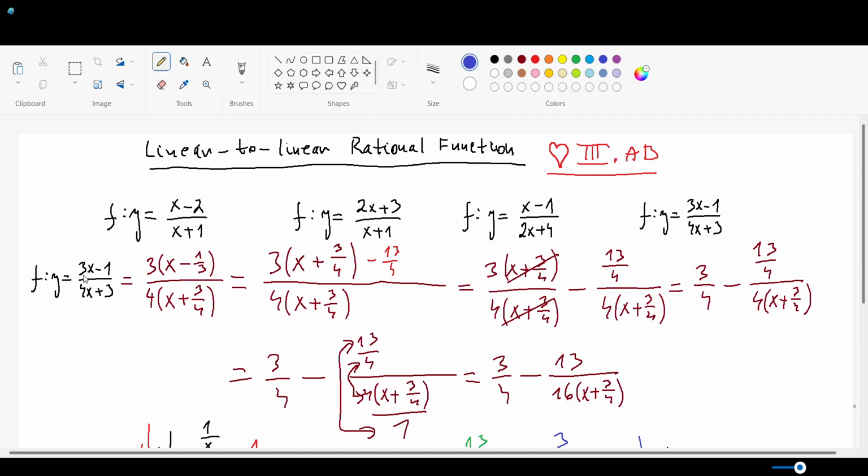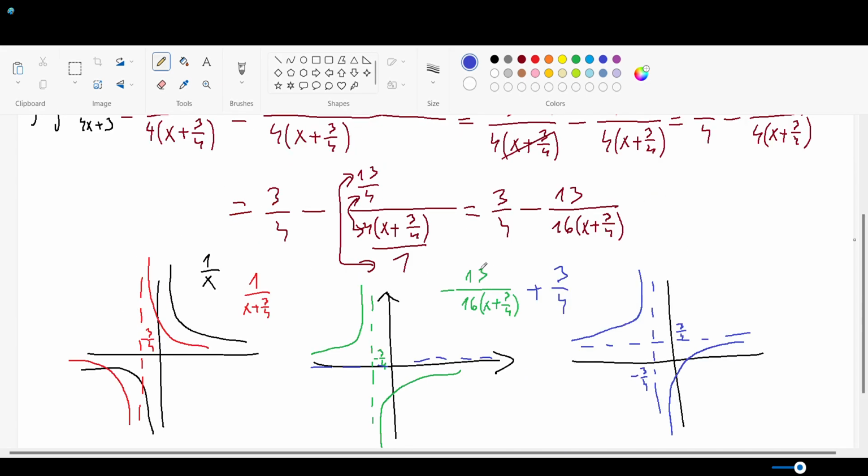and the function after all these tricky things is 3/4 take away 13/16 times (x plus 3/4). Okie dokie, I'm done here.